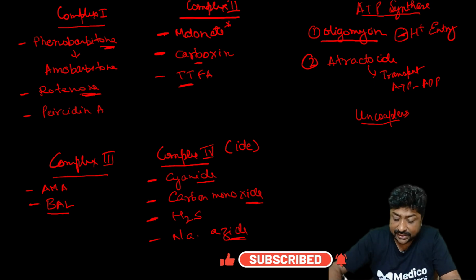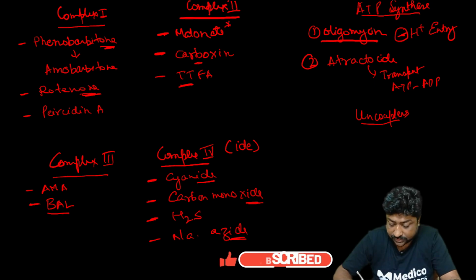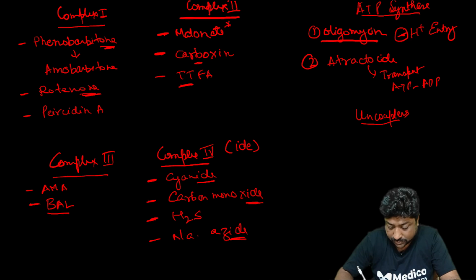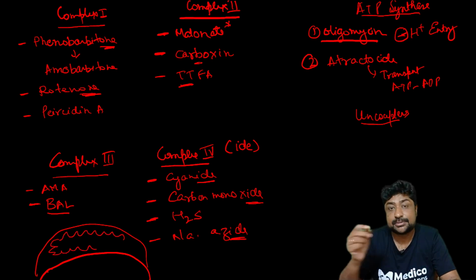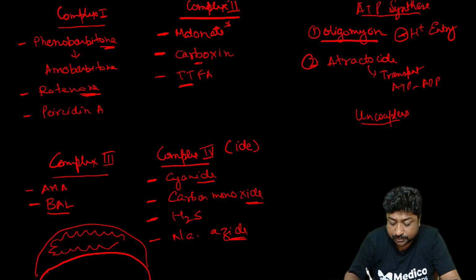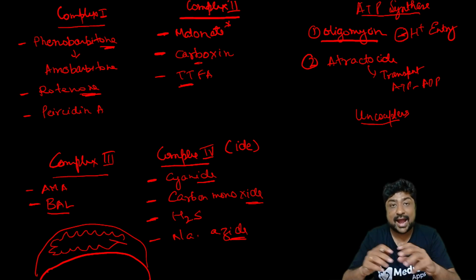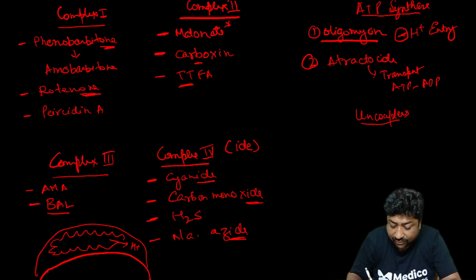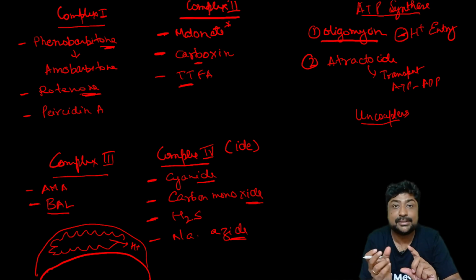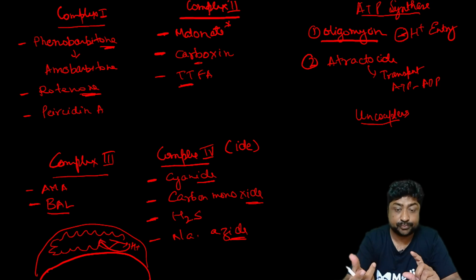Suppose this is your mitochondria and this is the inner mitochondrial membrane. As electron is passing, it pushes out hydrogen ion. And we have learned about the chemiosmotic theory that when this hydrogen ion returns back through the ATP synthase, it generates the energy.